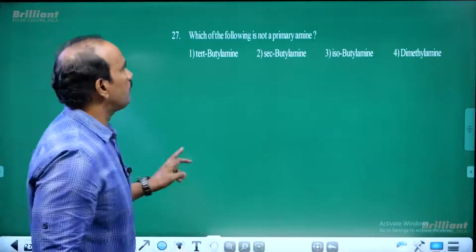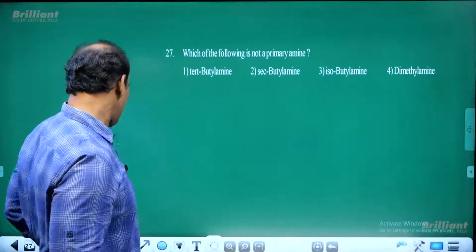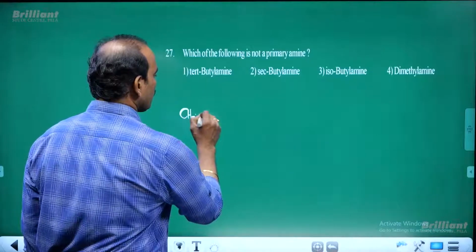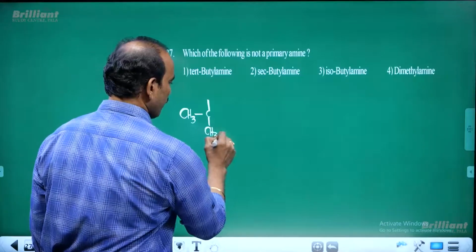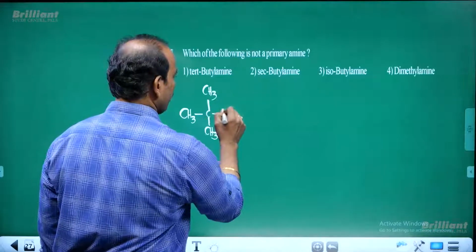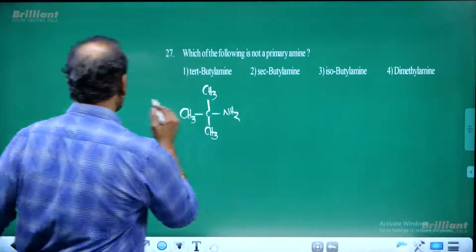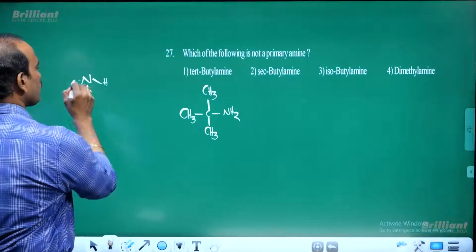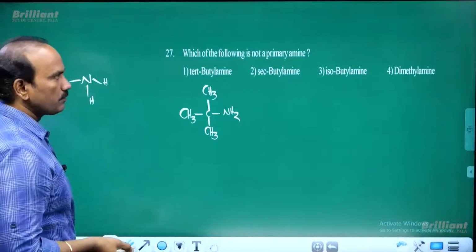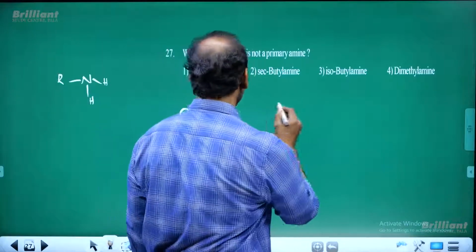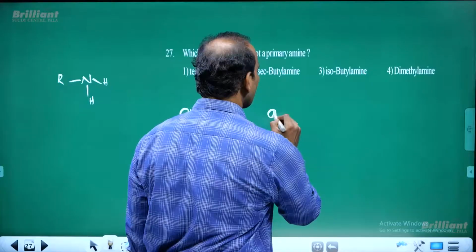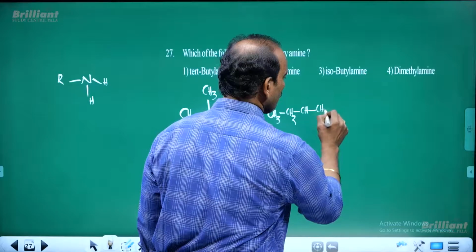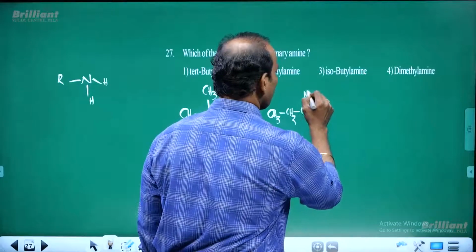Next one. Which of the following is not a primary amine? Butylamine. What is butylamine? CH3 NH2. What is the primary amine? Nitrogen has 2 hydrogens, that is a primary amine. Secondary butyl, this is CH3CH2CH3, this is NH2.